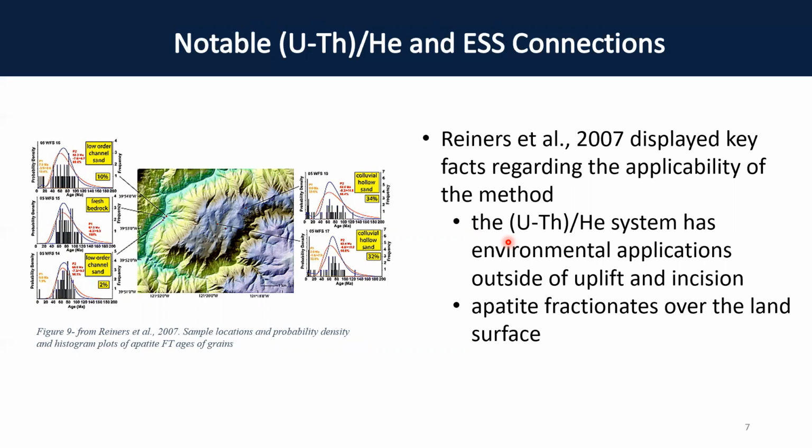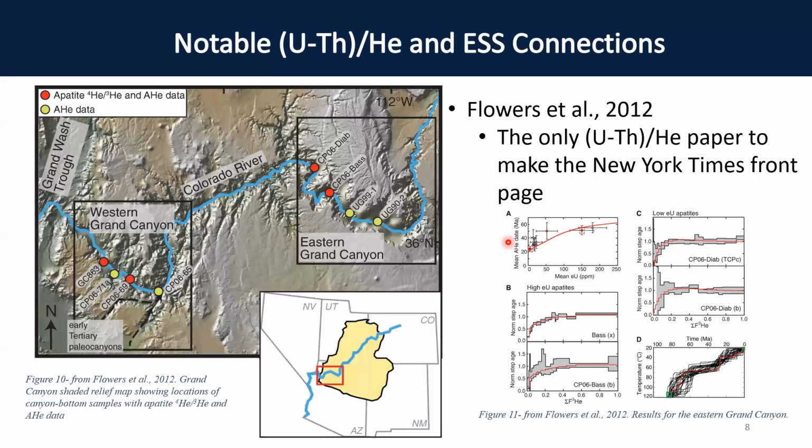They used this to date and understand geologically old wildfires, and show that the effects from these wildfires, when you're looking at how apatite is fractionated over the land surface, can tell us a lot about the erosional histories of landscapes on a fairly small scale, which is a novel contribution of this method.